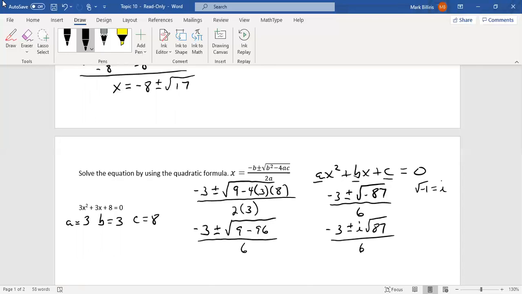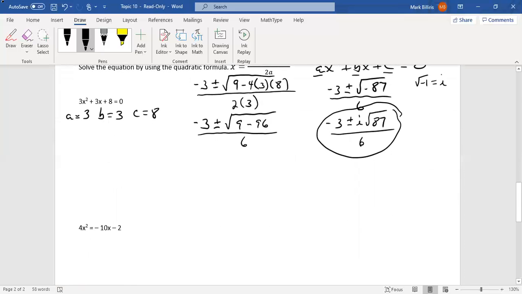So 87 cannot be broken down any further. And you can't simplify 3 and 6 because 6 belongs to both the negative 3 and to the i square root of 87. So since nothing divides into negative 3, i, and 6, this would be your final answer: negative 3 plus or minus i square root of 87 over 6.